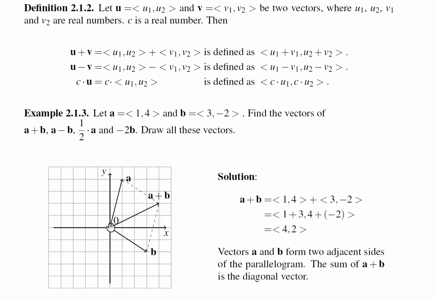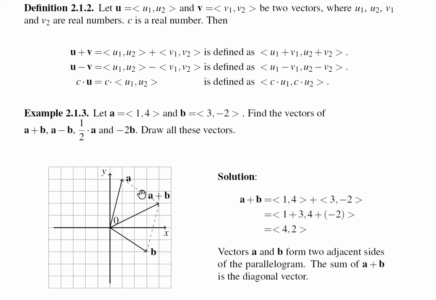So basically this is vector A, this is vector B, and then for A plus B, the starting point will be the starting point of vector A, and the ending point will be vector B's ending point.